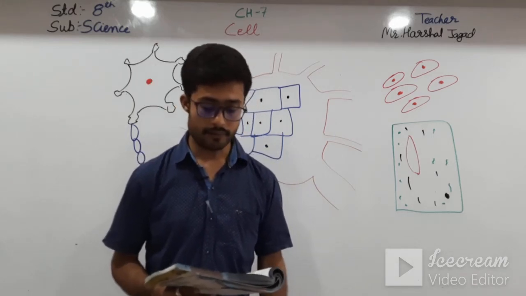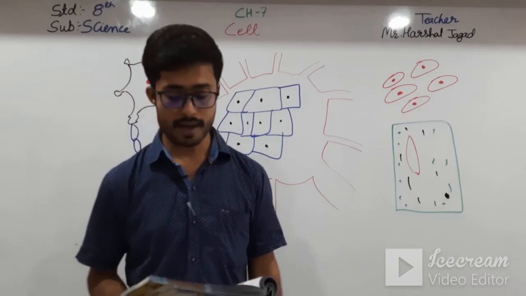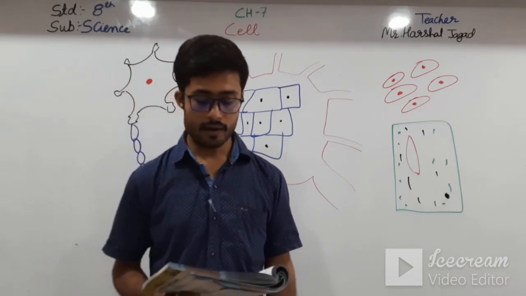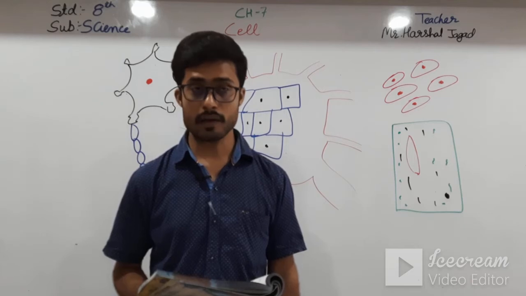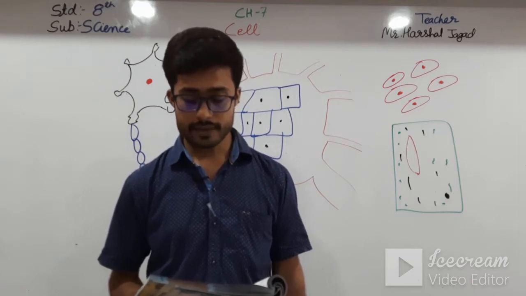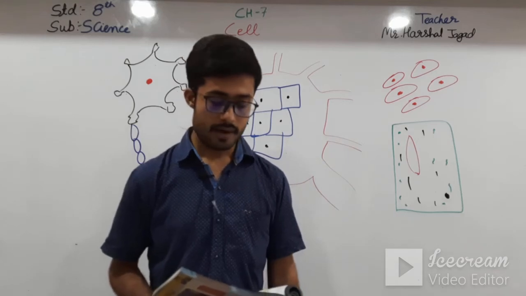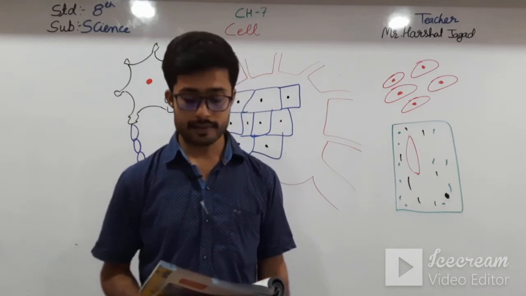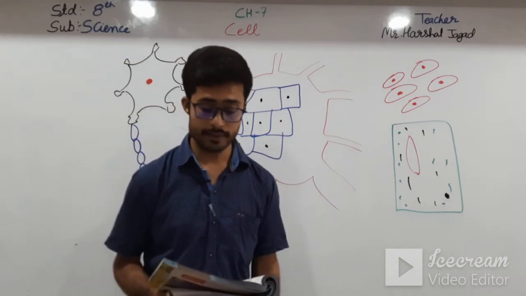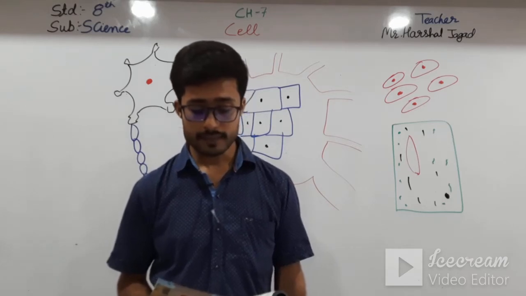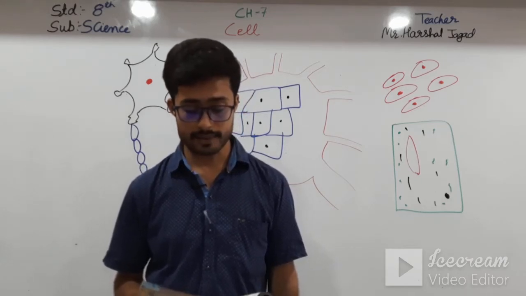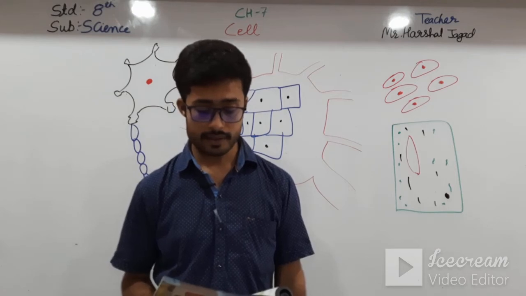Lysosomes are therefore known as the suicide bags of the cell. Endoplasmic reticulum helps in the synthesis, storage and transportation of the cell product. Ribosome: protein synthesis takes place here. Centrosome: they are found only in animal cells, they help in cell division.